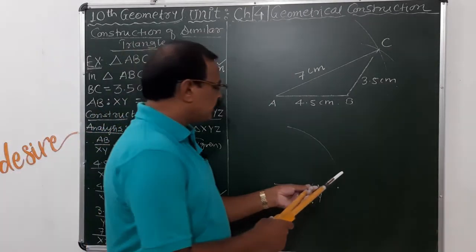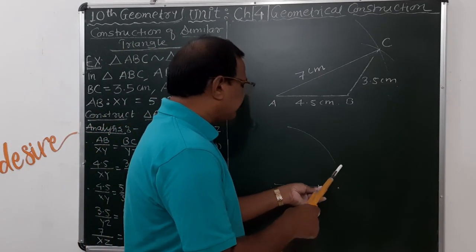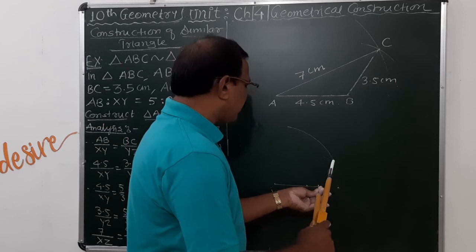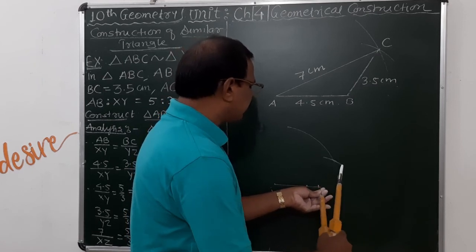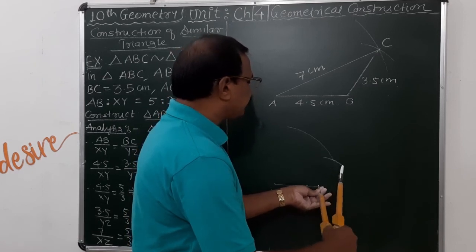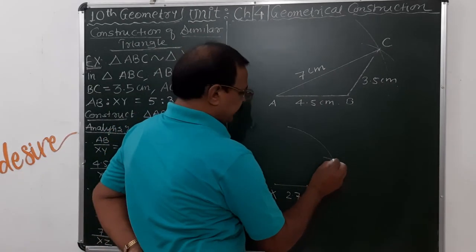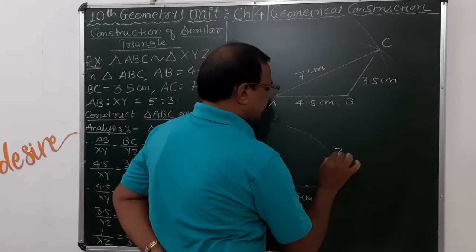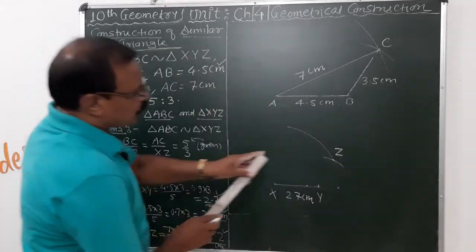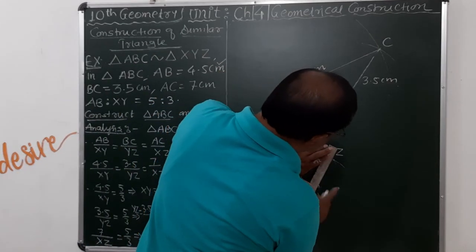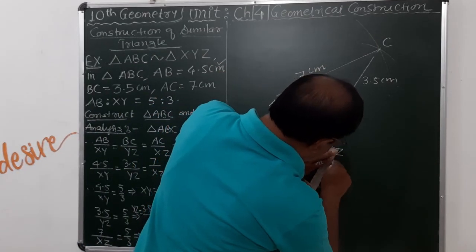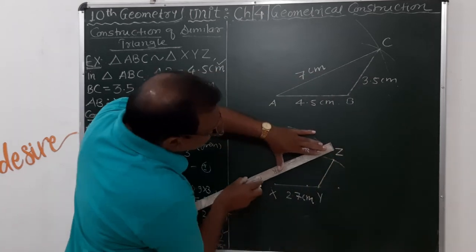So take Y as a center and draw an arc which cuts the previous arc. The point of intersection is nothing but point Z. Join YZ and XZ here.